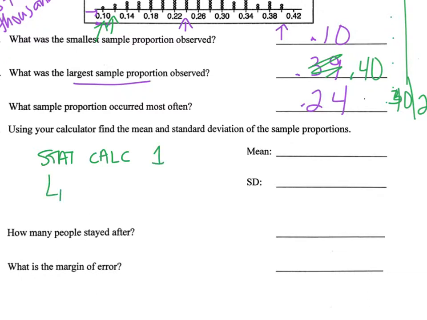For L1, you put it in the first spot, and L2 for the frequency, so that's how many times it occurred. When I did that, I got 0.2466 for the mean and 0.0616 for the standard deviation. So about 25% is the average the 5 came up, and the standard deviation is about 6%.